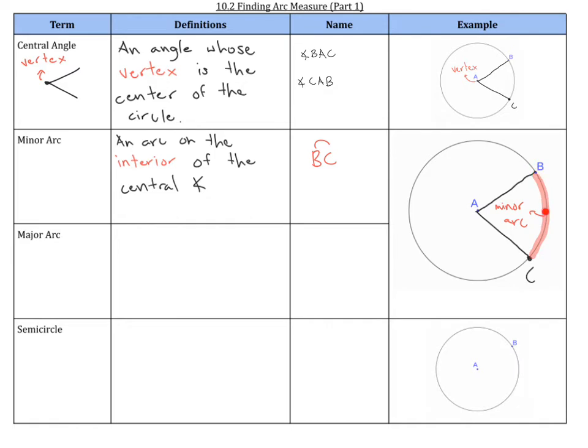We always take the shortest route possible, which goes directly from B to C. And of course, we can also name it the other way around. We can name it arc CB as well.